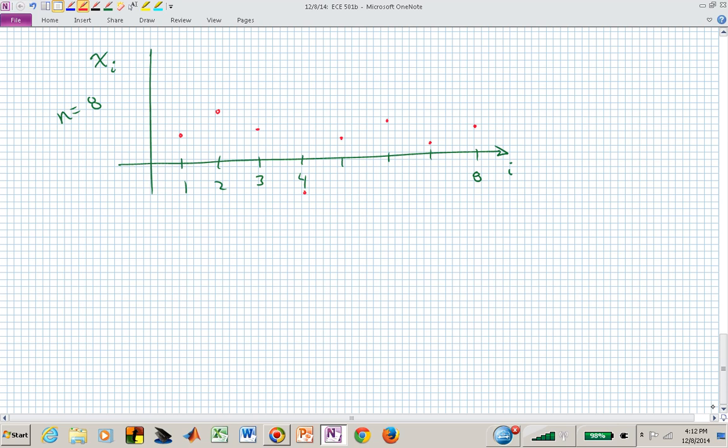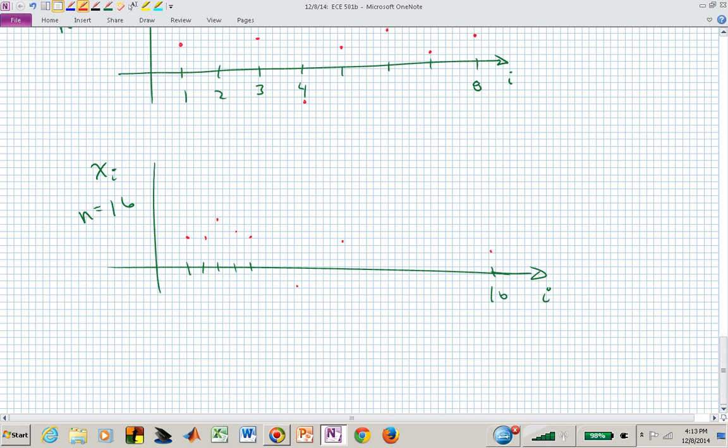If we now start to back out from that and make our resolution a little bit finer, with n equal to 16, for example, and again plot x sub i, eventually you see this same sort of shape.